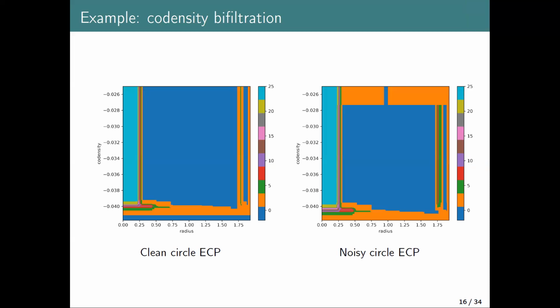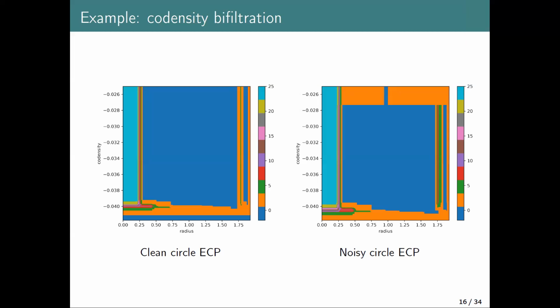This is for the clean circle, and this blue region means that you have 0 Euler characteristic here. And also here, for the noisy circle, this is the codensity value of the isolated point in the middle. But you can see that if you don't include this one, there is still a very big region in which you detect Euler characteristic 0, which is the signal.